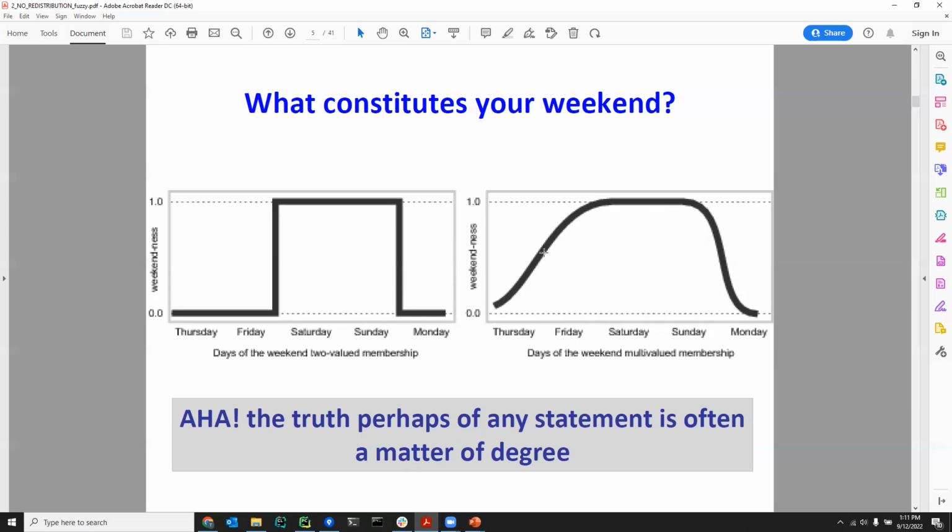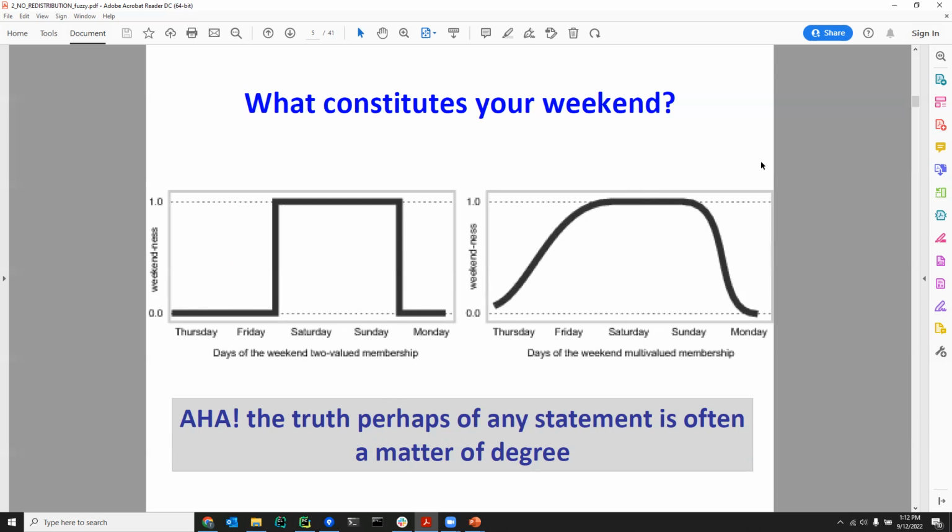And we can see that it smoothly rises up. You're gaining more and more weekendness as you get closer to Saturday and Sunday. And then it drops off pretty sharply to come back down on Monday. And so this is the difference between fuzzy logic and Boolean logic. And in particular, this shows a visualization of a membership function in fuzzy logic versus a membership function in Boolean logic.